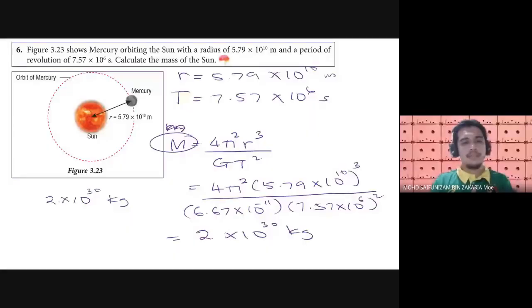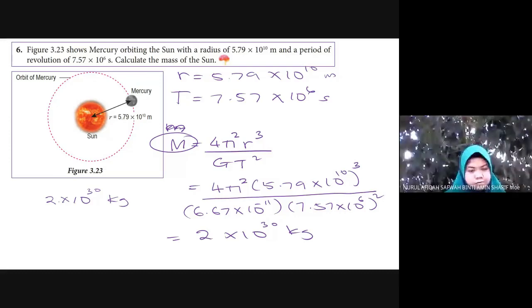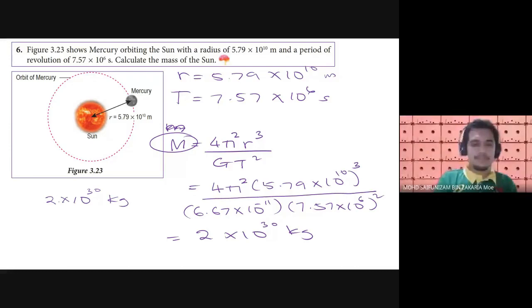Oh, patutlah salah nombor. Okay, calculator saya power of 10, power of 3. 2.2 or 2.0? 2.0, okay. 6.67, 7.57, power of 2.